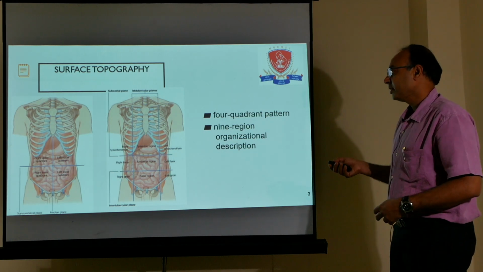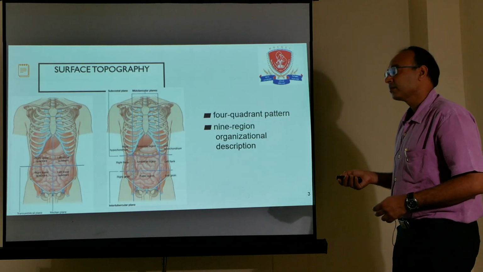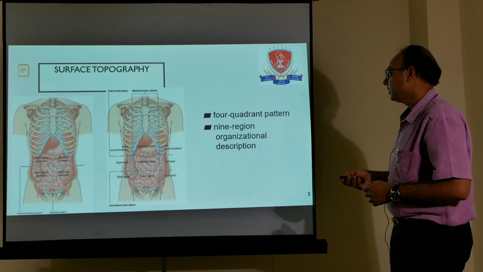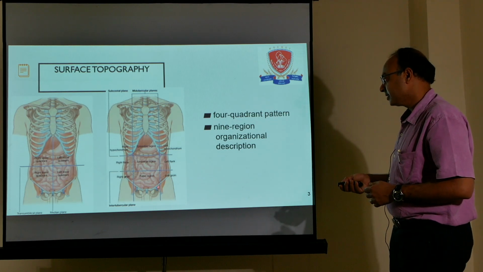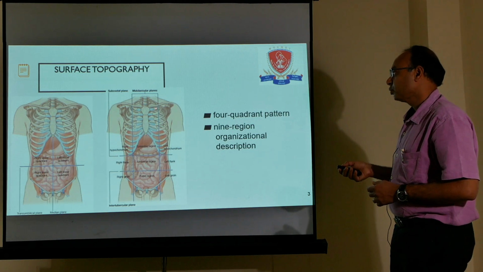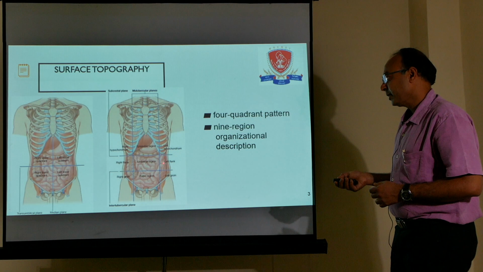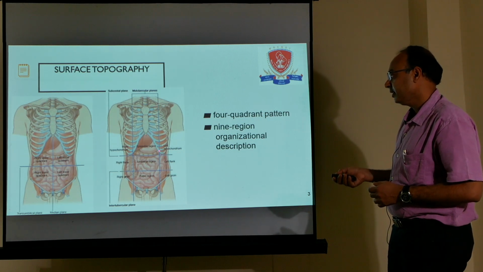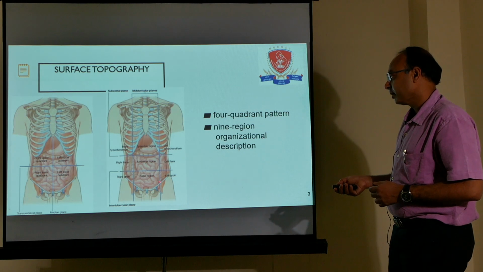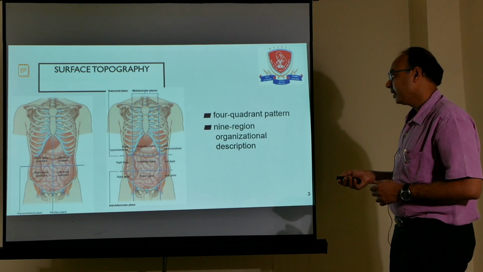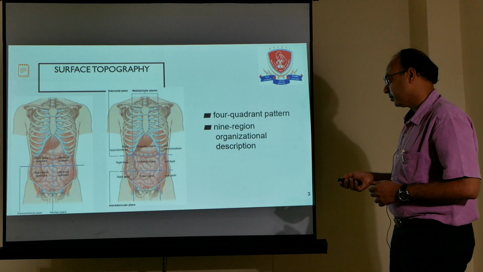Anatomically, the abdomen is divided into 9 regions to locate any pathology. It is divided by 2 vertical lines and 2 horizontal lines. The 2 vertical lines are the mid-clavicular lines, a line joining the midpoint of the clavicle to the mid-inguinal point, and the 2 horizontal lines are the transtubercular plane and the transpyloric plane.